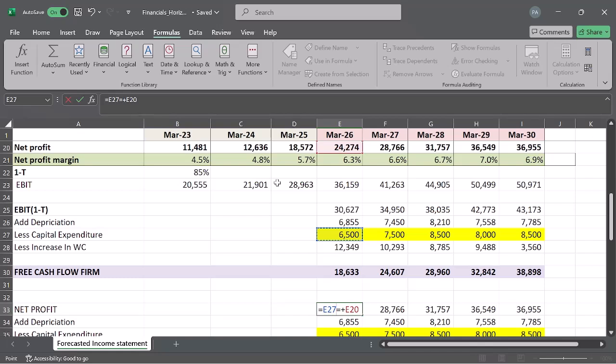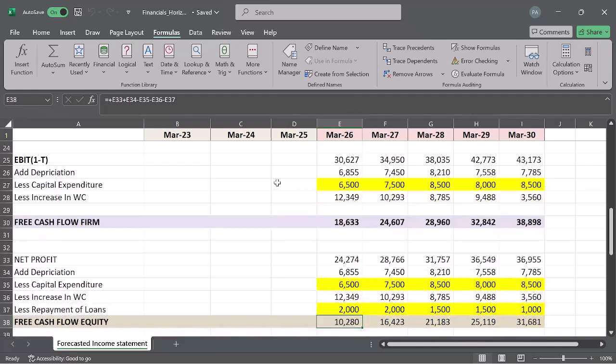Okay, there is a difference between the cash and the company's profits. Is that okay? So this is called the cash flow of the firm. Okay. Now the last thing before we take a small break is cash flow for the equity shareholders.